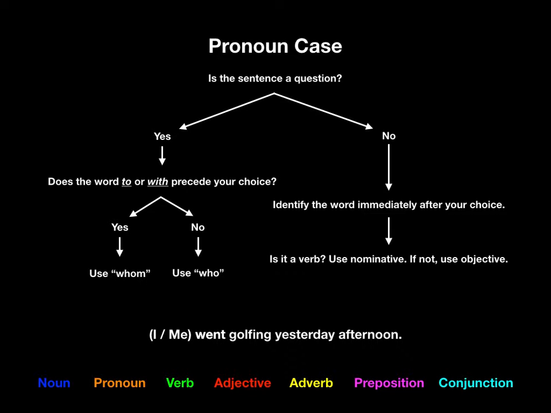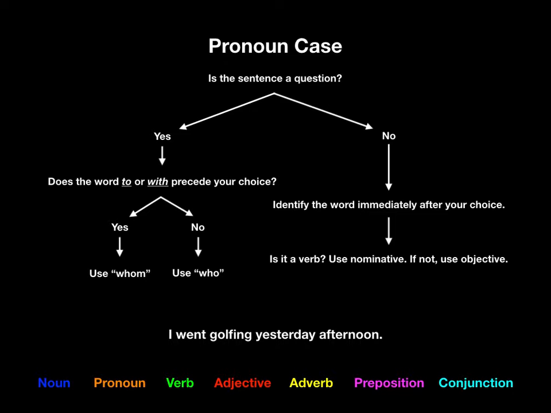We then need to ask ourselves, is went a verb? Went is indeed a verb, therefore we will use nominative case. Between I and me, which is nominative? I would be nominative case because me has an M within it.